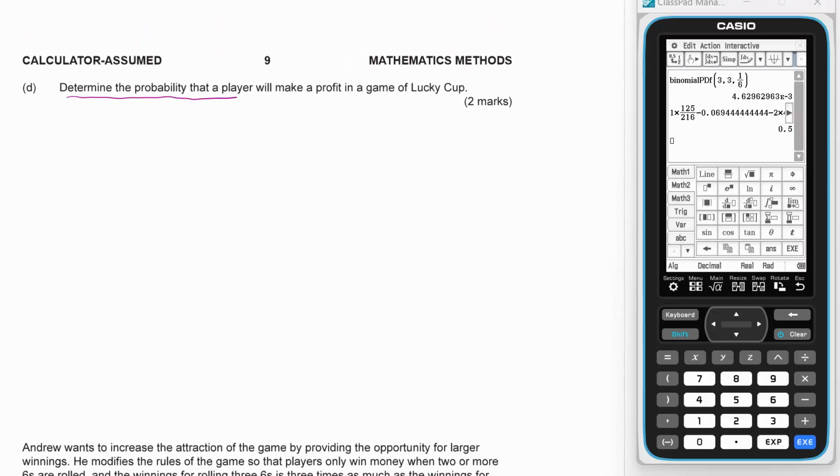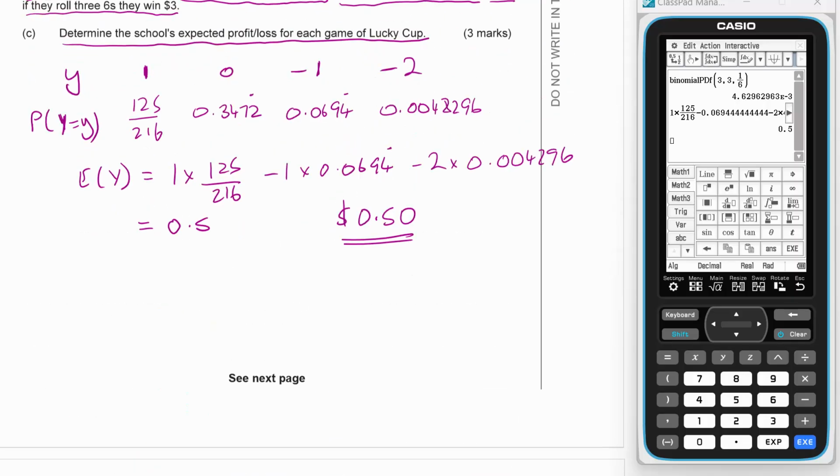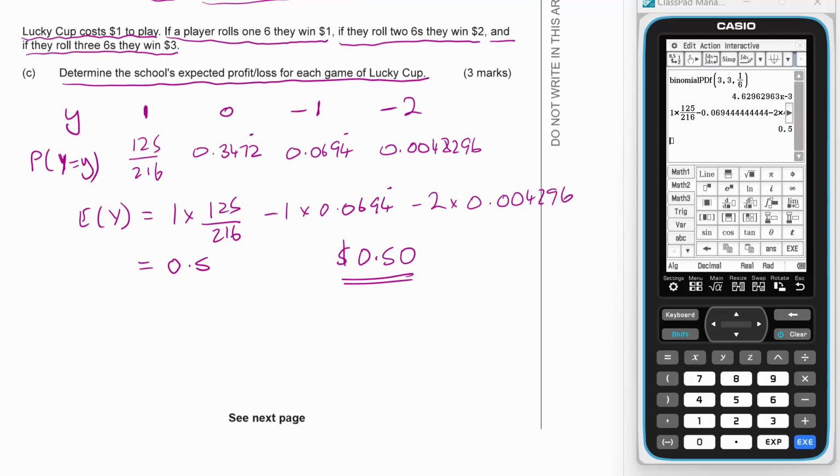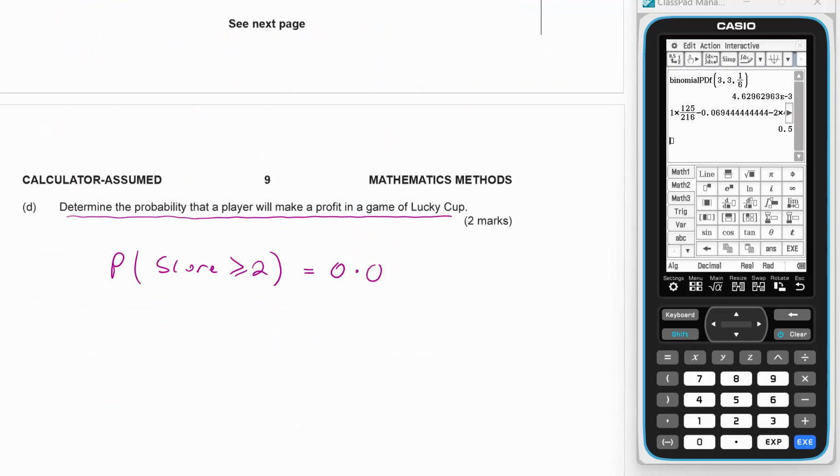Determine the probability that a player will make a profit in a game of Lucky Cup. Well, that's just the probability of the score being greater than or equal to 2. So in other words, that is going to be 0.0694 recurring plus 4.8296 times 10 to the negative 3.